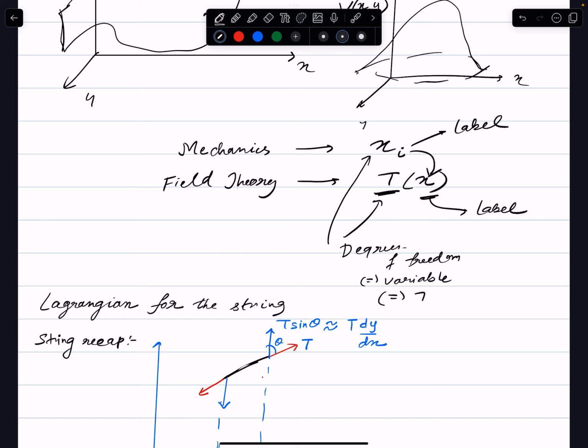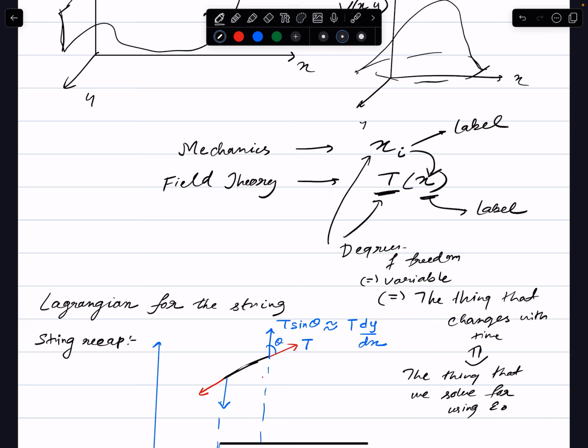This is the thing that changes with time, or the thing that we solve for in equations of motion, that we solve for using the equation of motion.